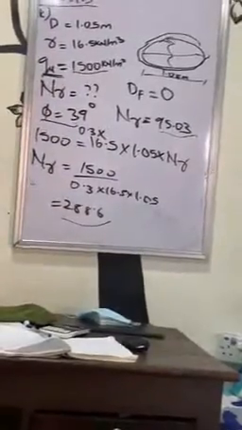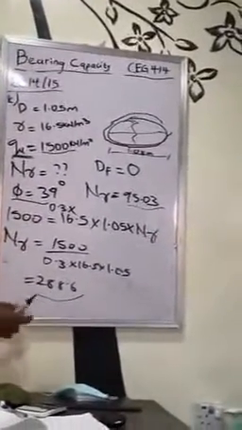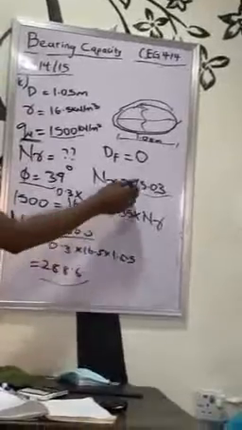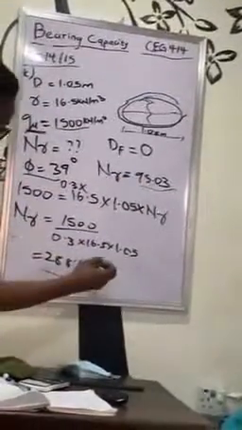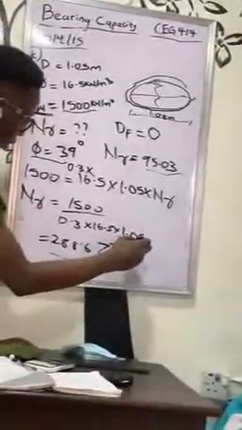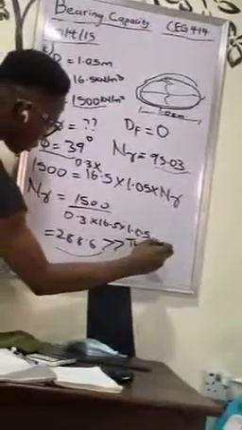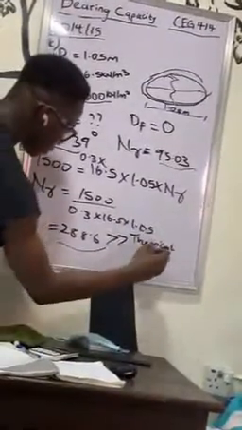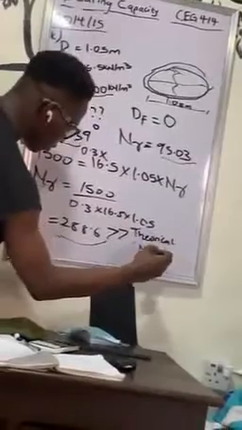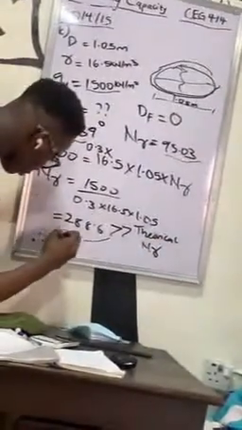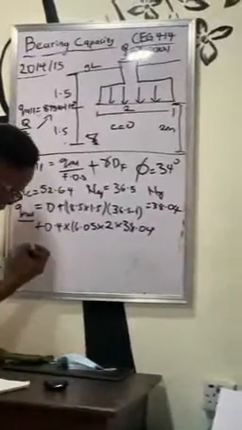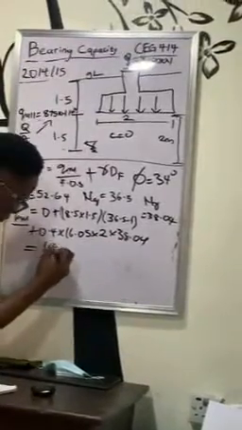If your calculated N gamma is far greater than your theoretical N gamma, the foundation has failed.